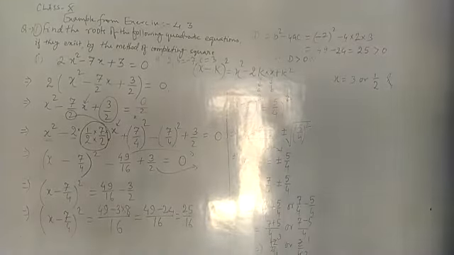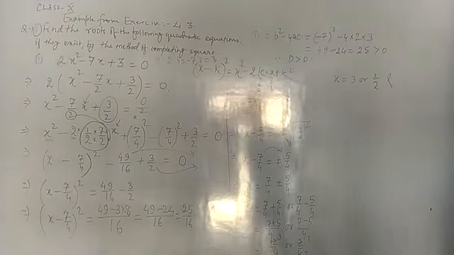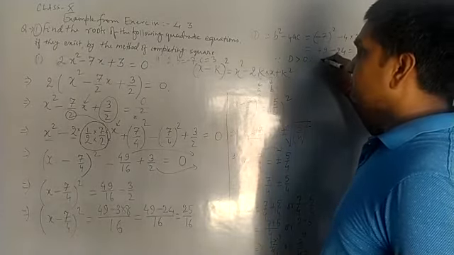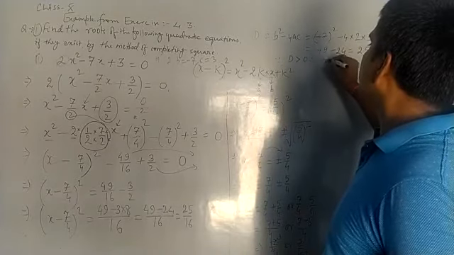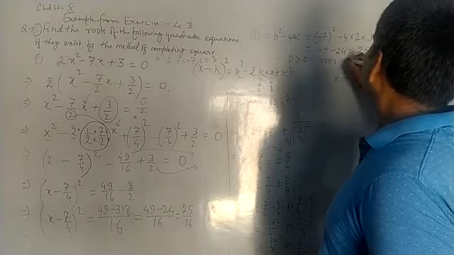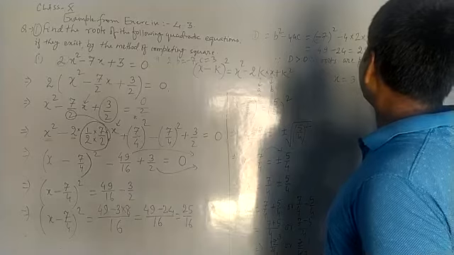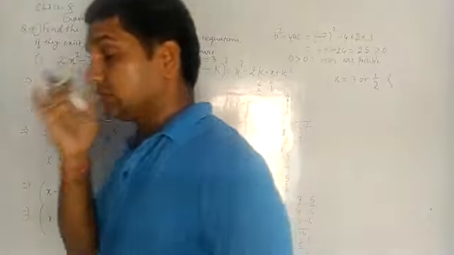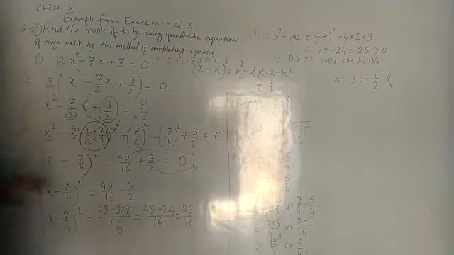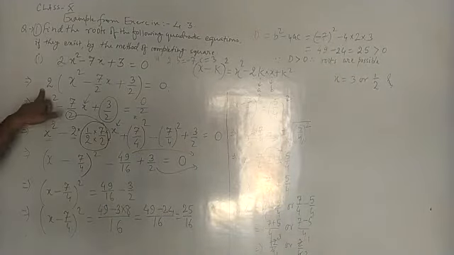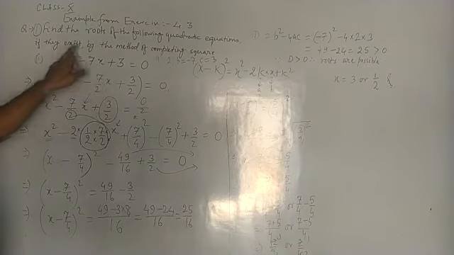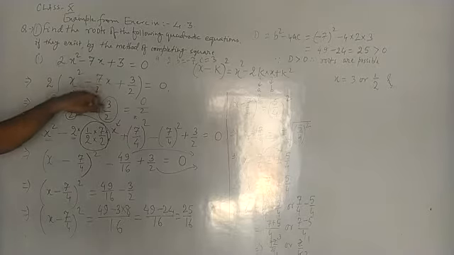Roots are possible. First we write this, then proceed with all these things. In the first step we will take 2 common, and if it is not available, suppose 14 would be there, then we can take 2 common and 7 comes.